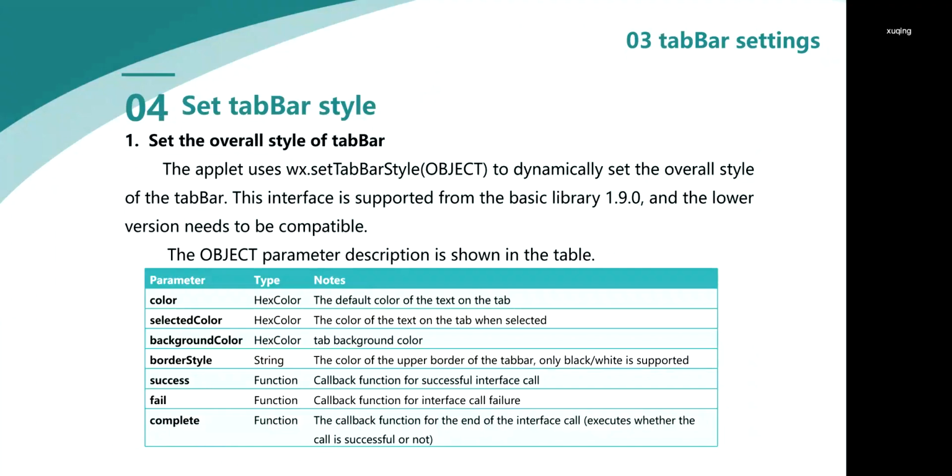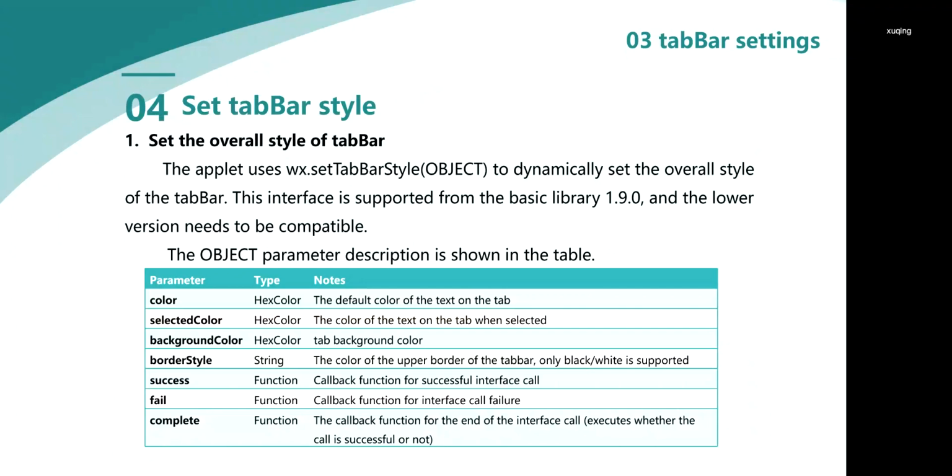This interface is supported from the basic library 1.9, and the lower version needs to be compatible. We have a description of the parameters in this object. We have 7 parameters: color, selected color, background color, border style, and 3 common parameters.